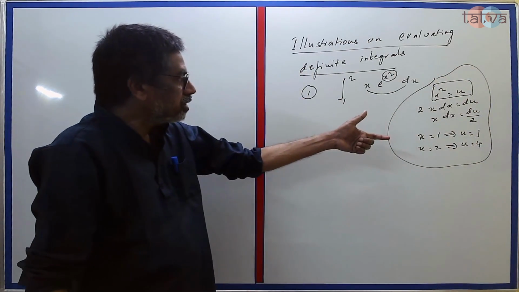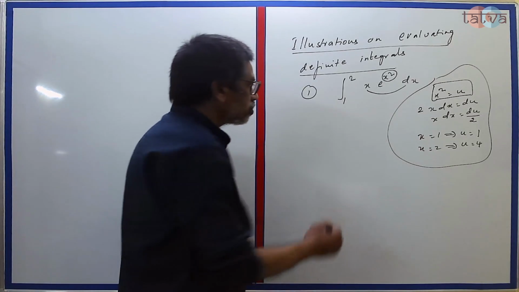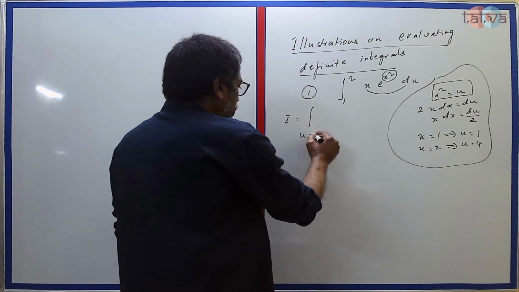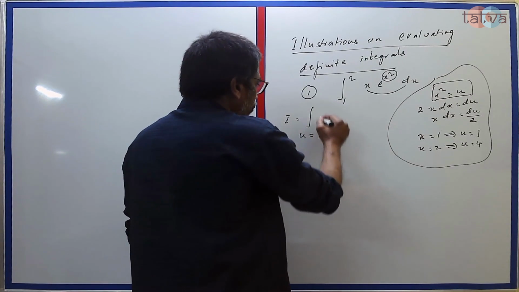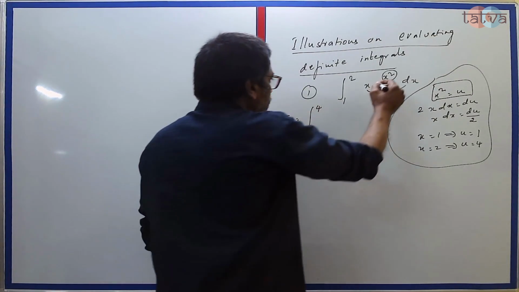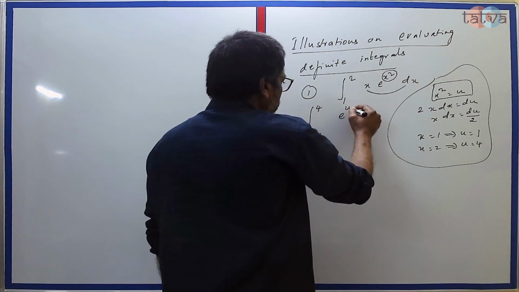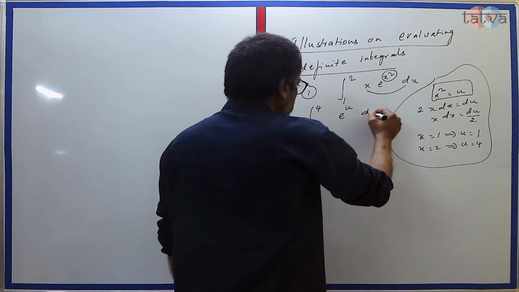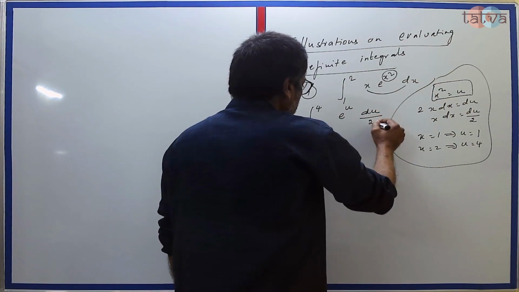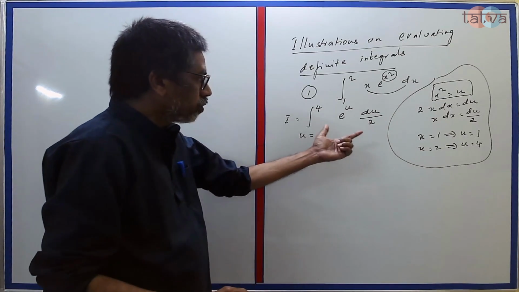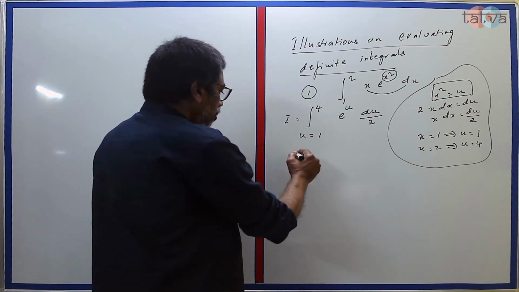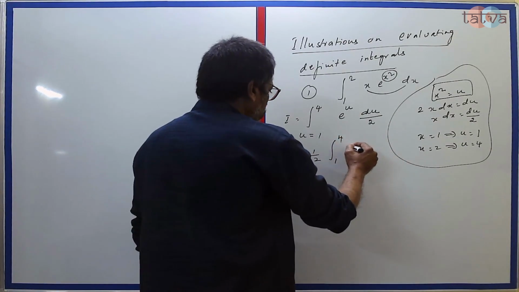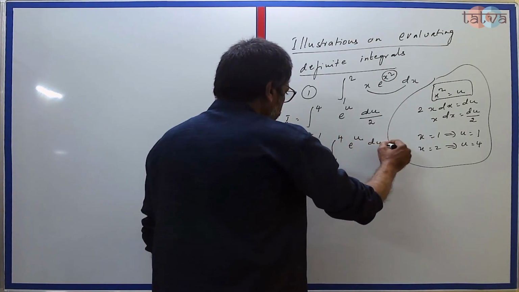So with these changes, let us see how this integral transforms. So I'll write I is equal to integral u from 1 to 4. E power x squared is now e power u, and x times dx is du upon 2. So we have full control over the situation now. Right, half times the integral 1 to 4 e power u du.